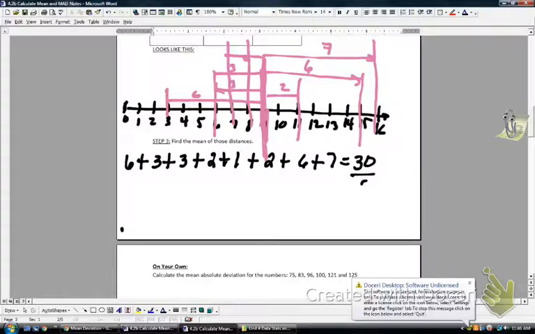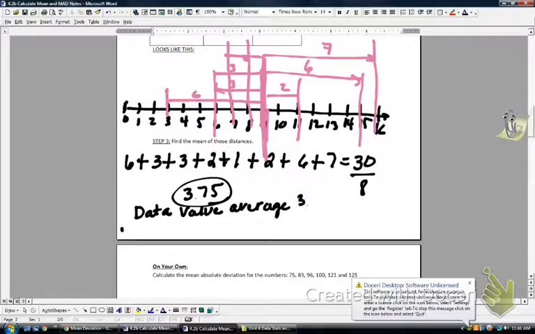You should get 30 divided by how many is in our data set, which is 8, and 30 divided by 8 is 3.75. So this means that the data value average is 3.75 distance-wise away from the mean.